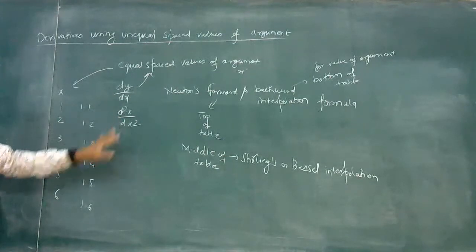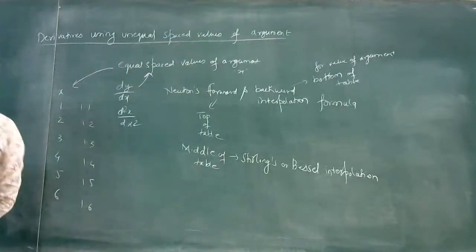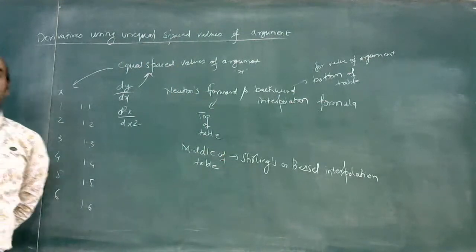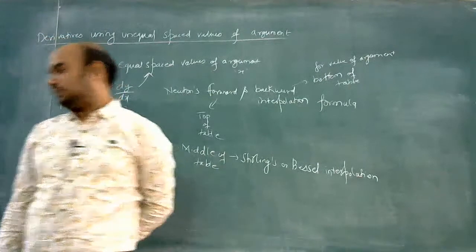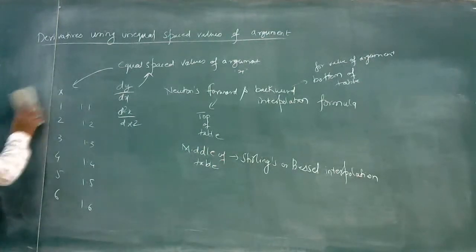Anyone? Interpolation formulas used for unequally spaced values of argument. Lagrange's, very good.